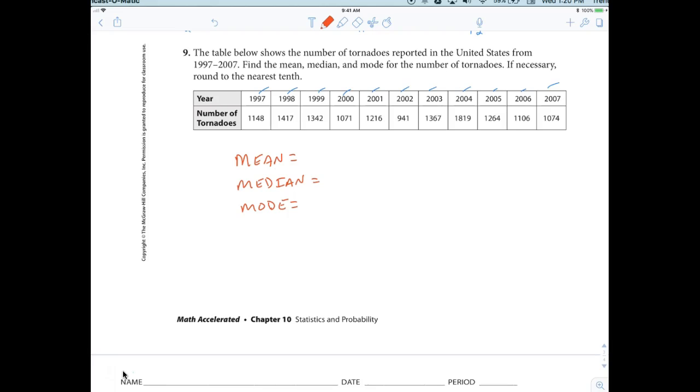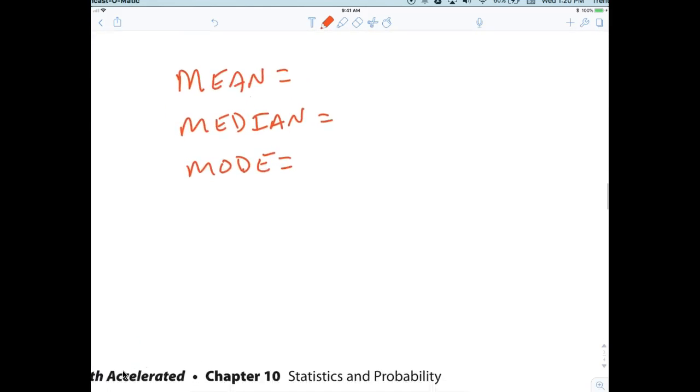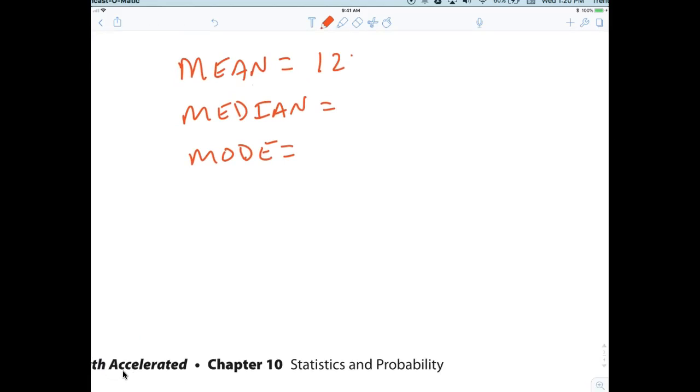I got 1,000. I got 1,200. Well, that's hard. Anybody else get something different?